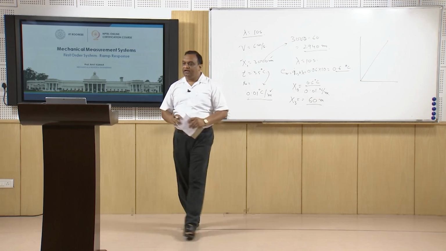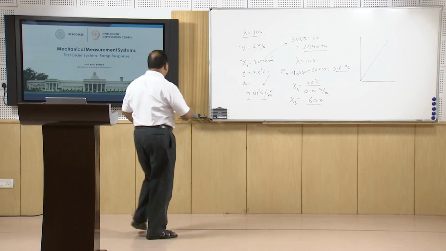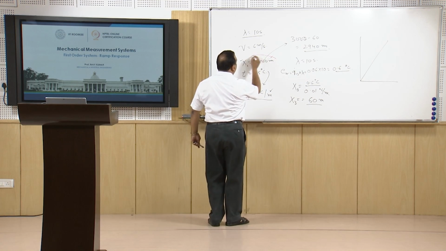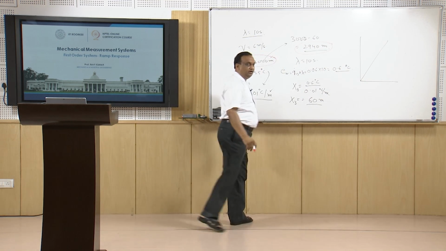So the temperature indicated as 35 degrees centigrade is not at 3000 meter altitude, it is at 2940 meter altitude.